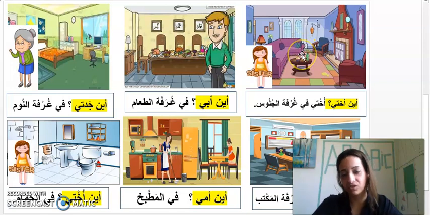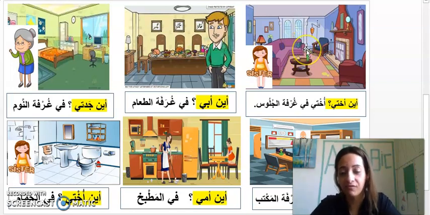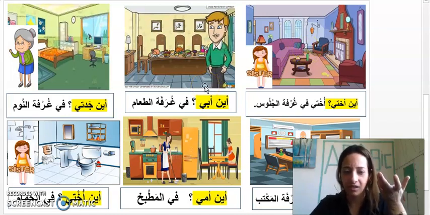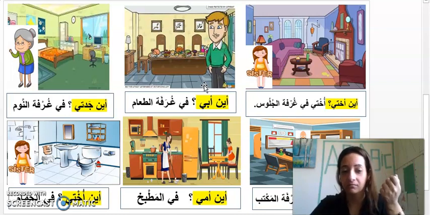In this picture my sister is in the living room. أين أبي؟ Where is my father? في غرفة الطعام. نعم أحسنت.